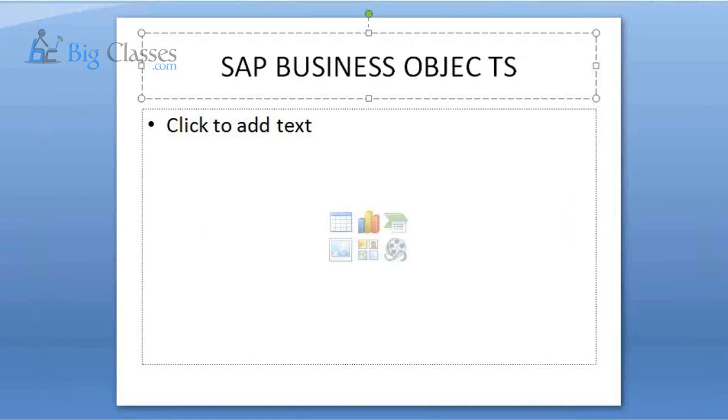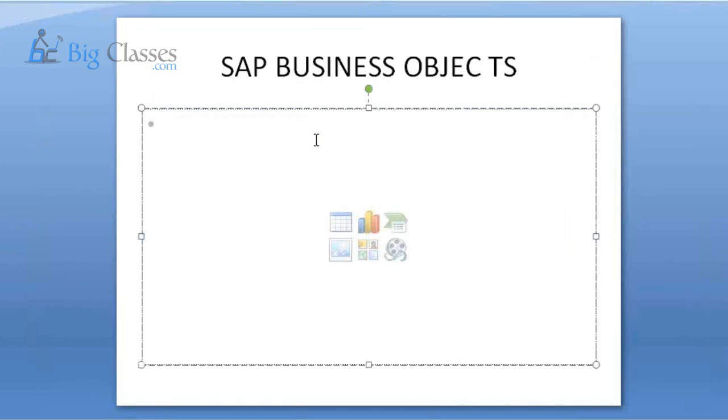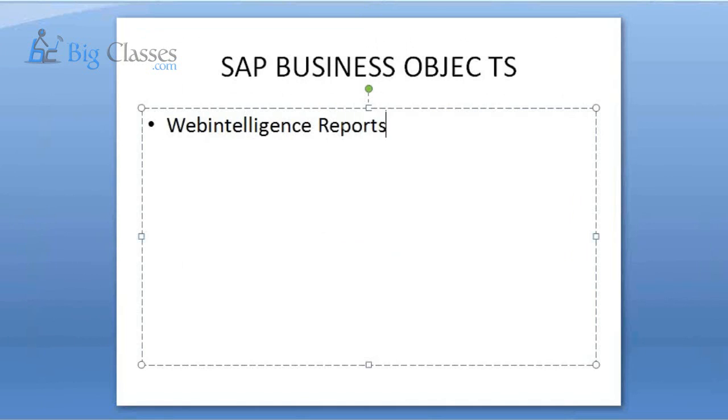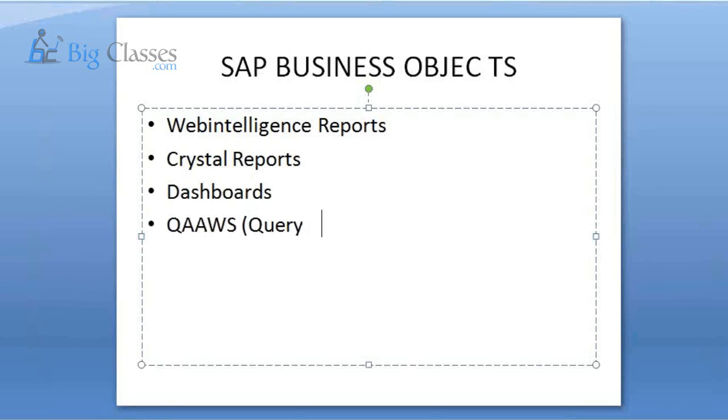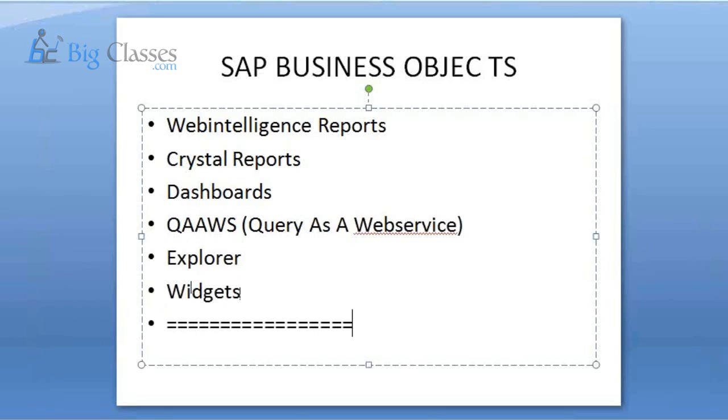Business objects provides various reporting flavors like web intelligence reports, crystal reports, dashboards, QaaWS, which means query as a web service, Explorer, and widgets. These are the various reporting flavors that business objects provides.